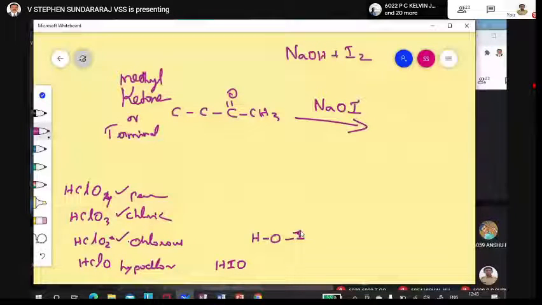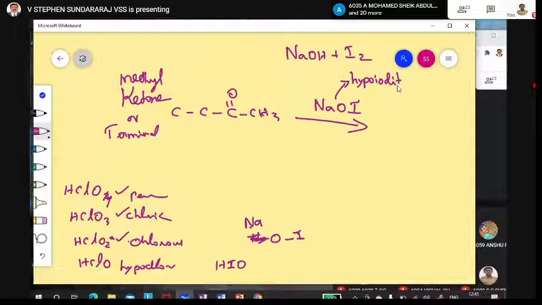This is the way. Now instead of this, H plus O minus acid, Na is the sodium hypo. So write down sodium hypoiodite. OUS means ITE. Iodite.